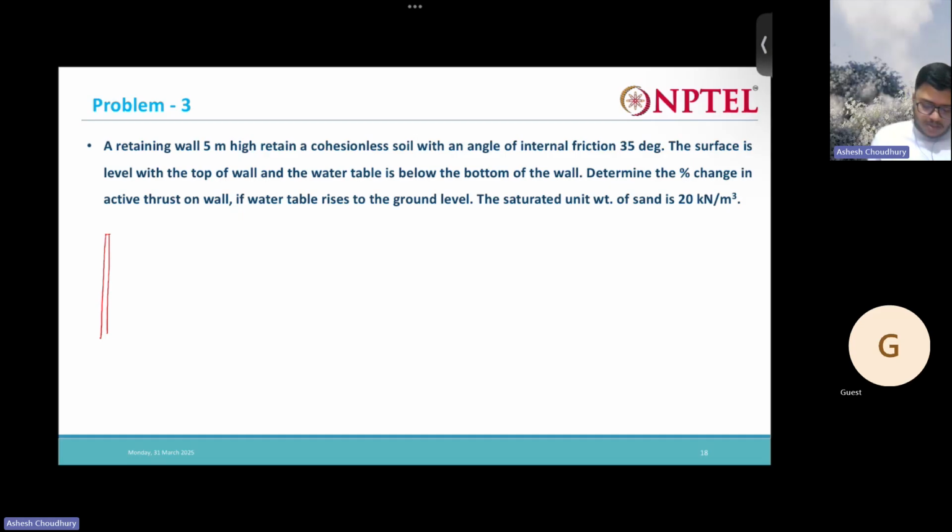So here the retaining wall, which is 5 meter high. This is the dry condition. So let me do this.